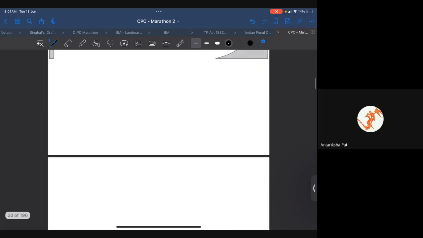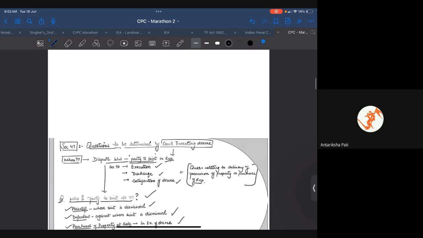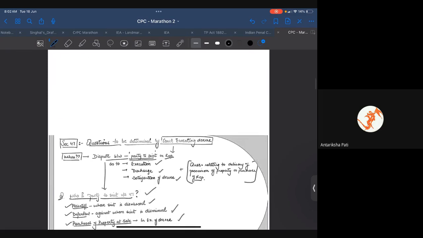Okay, now Section 47, questions to be determined by the court executing the decree. It says if there is a dispute between parties to the suit or their representatives as to execution, discharge, or satisfaction of the decree, or any question relating to delivery or possession of property to the purchaser or representative, then all these questions can be determined by the court executing the decree.